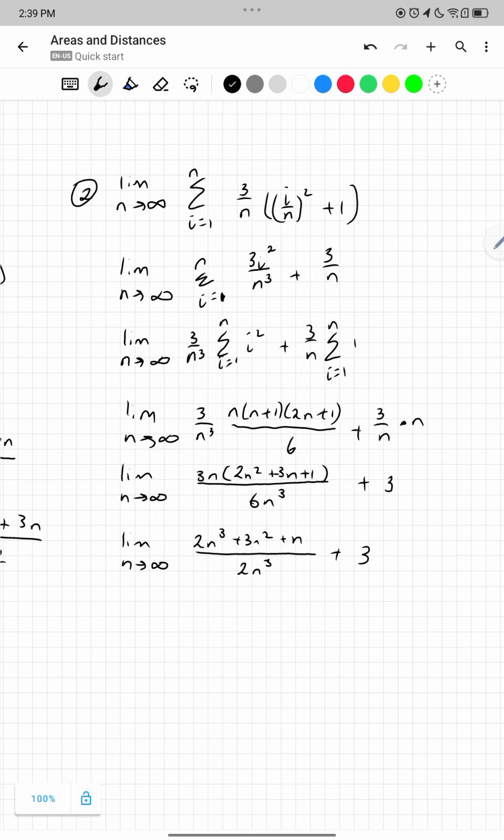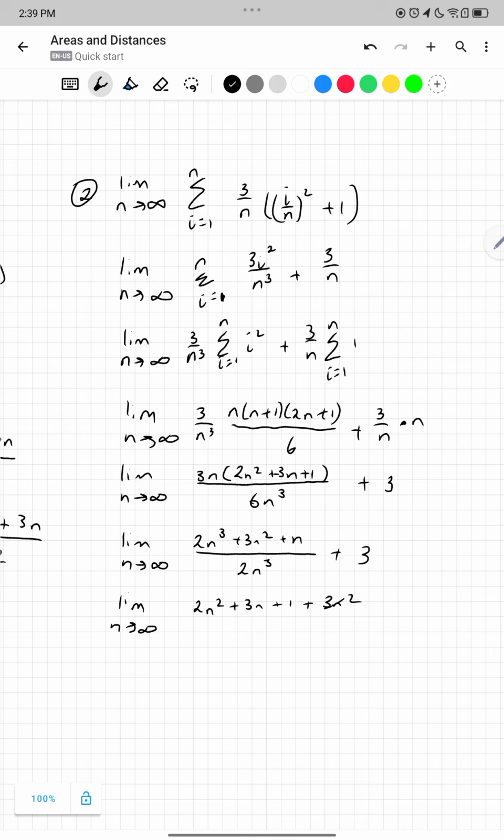So we're going to be having the limit as n approaches infinity of 2n squared plus 3n plus 1 plus 3n squared.